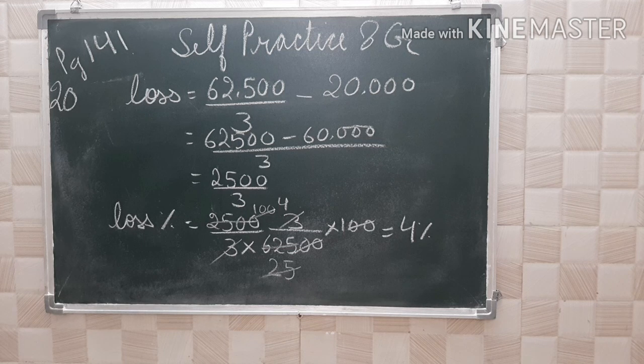So your loss will be 2,500 by 3, and loss percent is 2,500 by 3 into 3 upon 62,500 into 100, where zeros will be cancelled out, 3 will be cancelled out, 25 hundreds, 25 6s are 25 4s. You will get how much loss? Loss percent will be 4%.